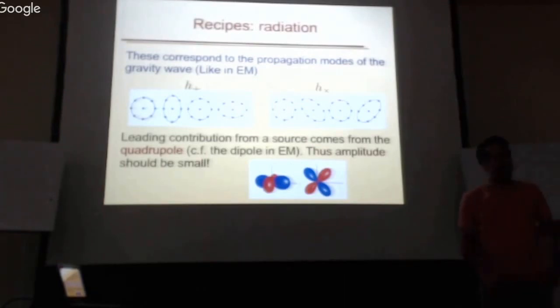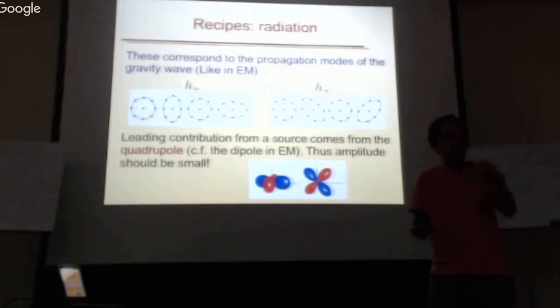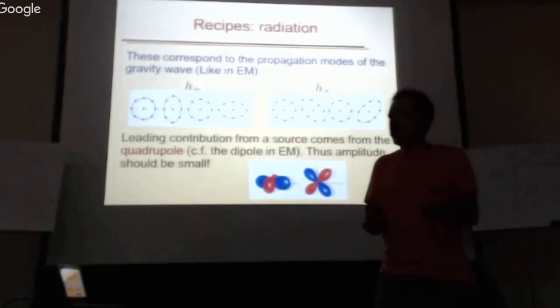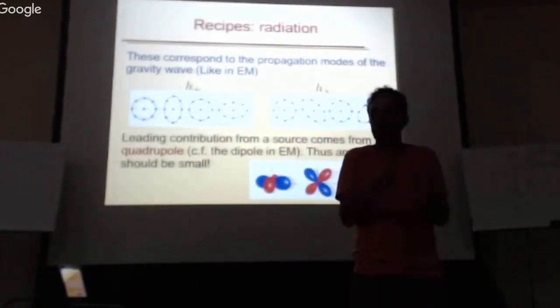Well, in GR, the problem is that the source actually has to have a different charge distribution. It cannot be a dipole, but it has to be a quadrupole. So it's something that looks like that. These are quadrupoles. So it has to be a distribution of mass. So now remember, the charge in gravity is the mass.